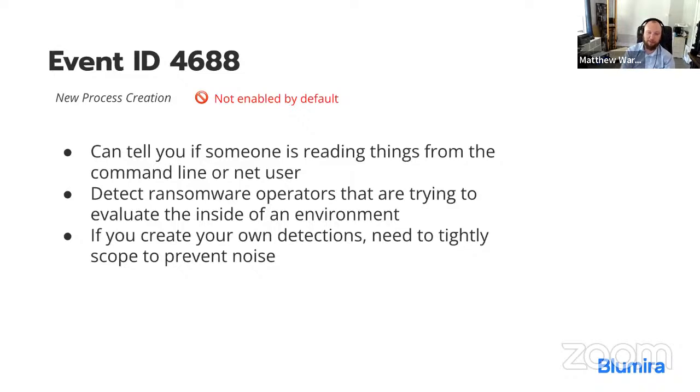Really most important, I'll let Amanda speak to the detection side because she's way better than I am at that kind of thing. But what it allows you to do is get that process level information, whereas you likely will not be able to get that unless you have a really loud NGAV in place that's going to log all that out. And even if you do, enabling 4688 within your advanced auditing in your GPO gives you this really nice granular level of secondary information outside of that NGAV.